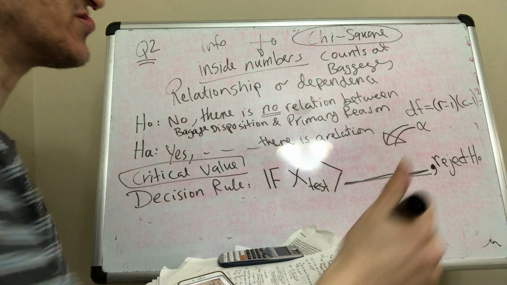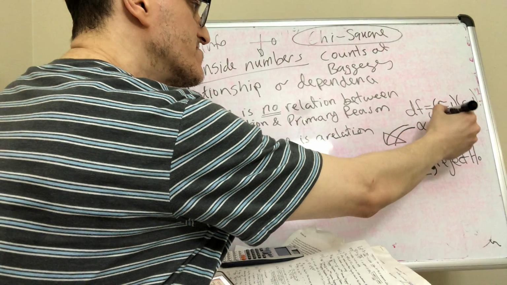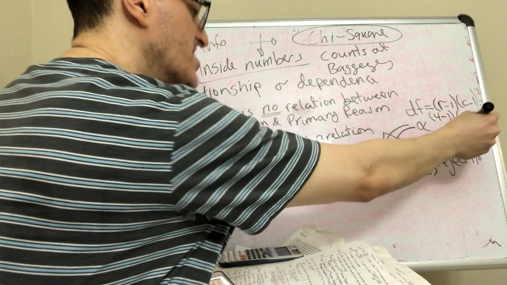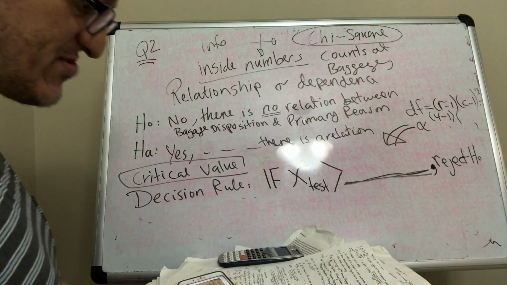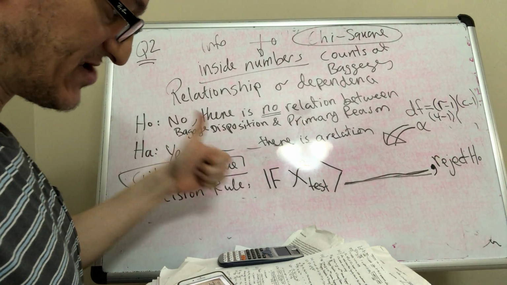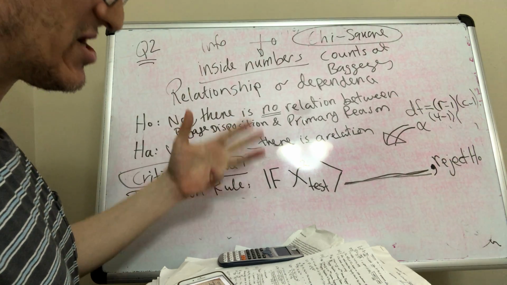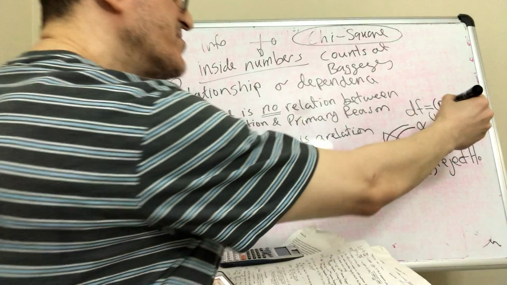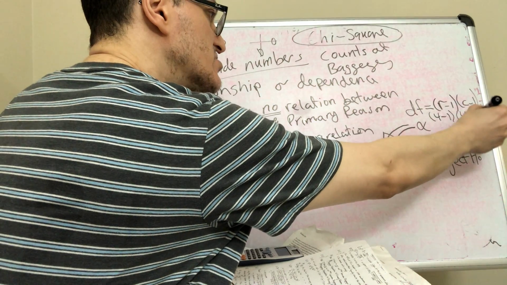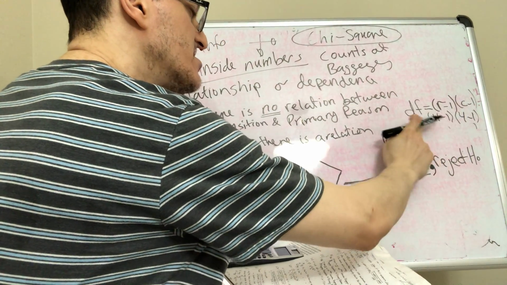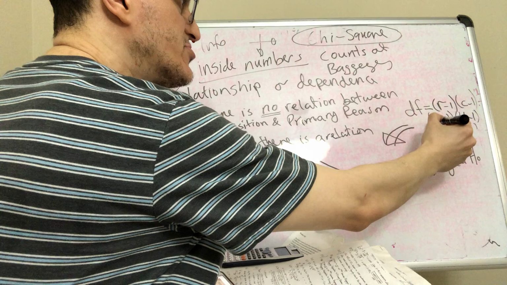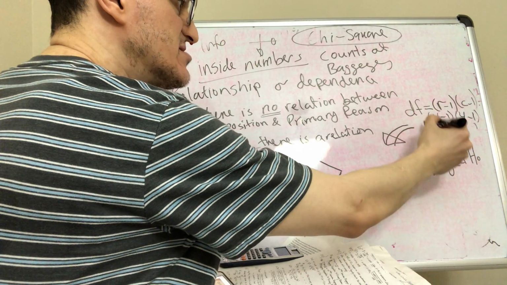So there are 4 rows. How many cases do we have going down? We have carry all, check all, do both, no luggage. We also have 4. So that's 4 minus 1 as well. 3 times 3, degrees of freedom is 9.